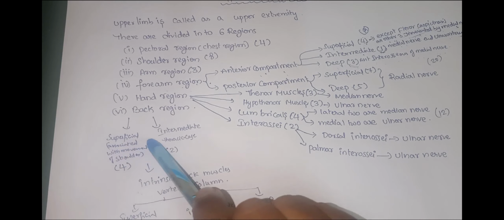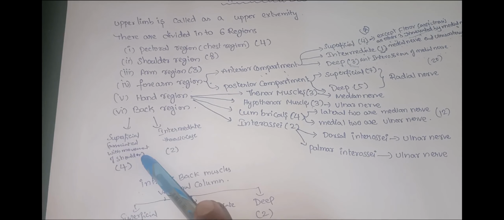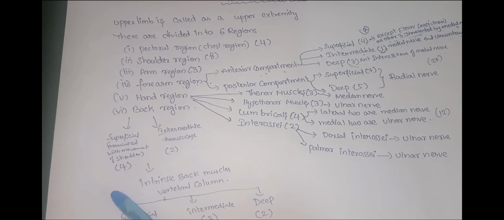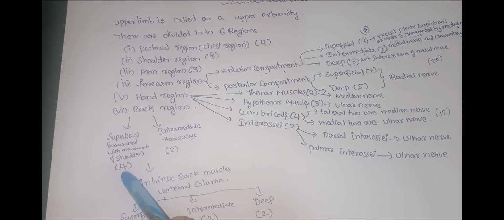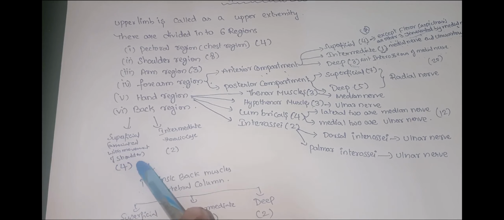The superficial group is associated with the movement of the shoulder. How many muscles are present in the superficial group of the back region? There are 4 muscles.